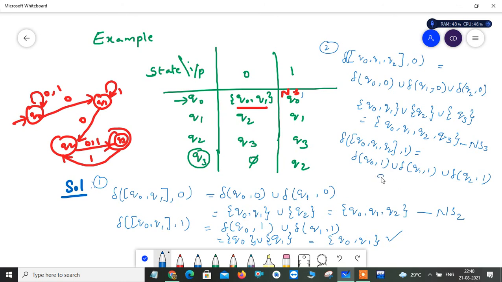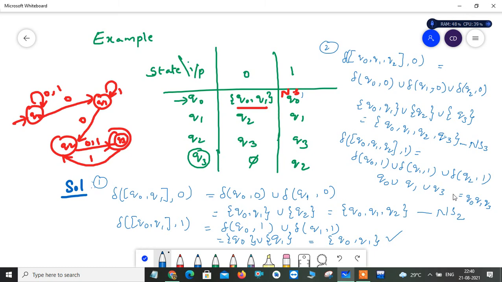It is nothing but Q0, union Q1 1 is nothing but Q1, then Q2 1 is nothing but Q3. So now you are finding here Q0, Q1, Q3.